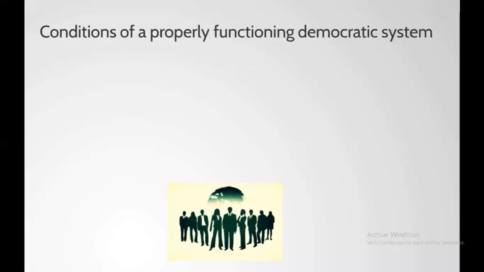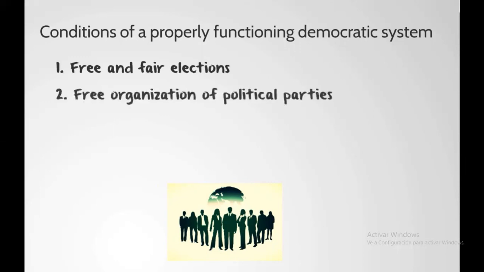There are 5 necessary conditions that are crucial for a properly functioning democratic government within a free society. The first is free and fair elections. All citizens must have the right to vote and the assurance that the voting process is fair and free of corruption. The second is a free organization of political parties.